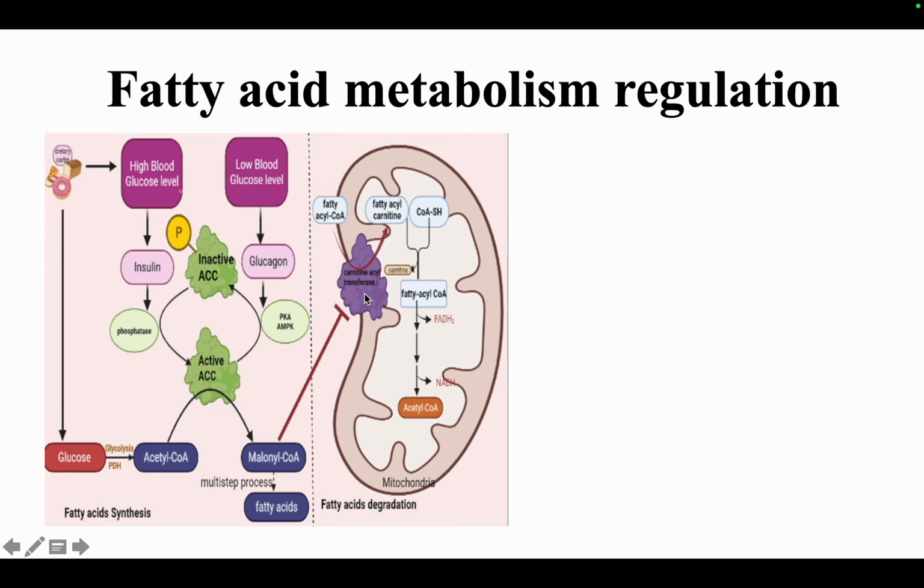In the mitochondria, carnitine acyl transferase is no longer inhibited, and in the mitochondria we have beta oxidation. So if we are low on blood glucose, carnitine acyl transferase triggers fatty acyl CoA transfer and triggers beta oxidation, so we'll have more energy currency.